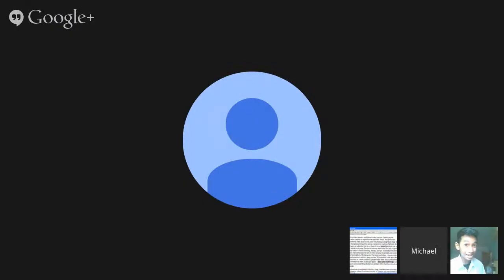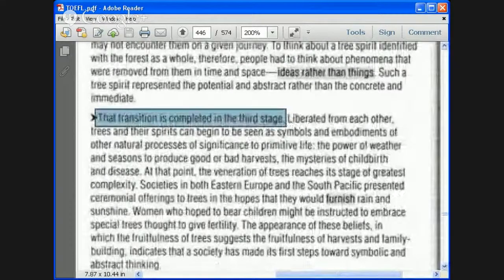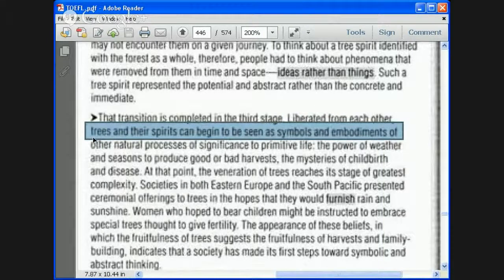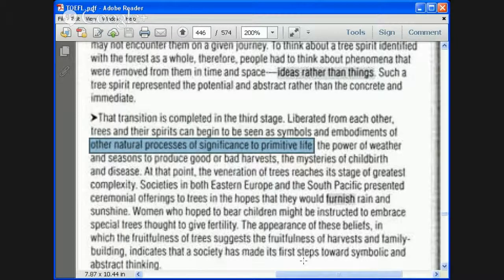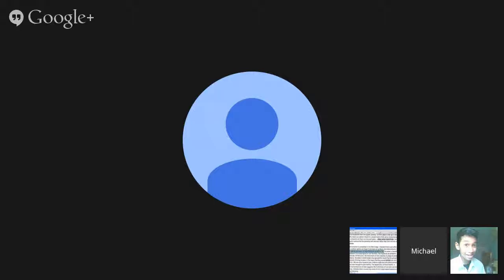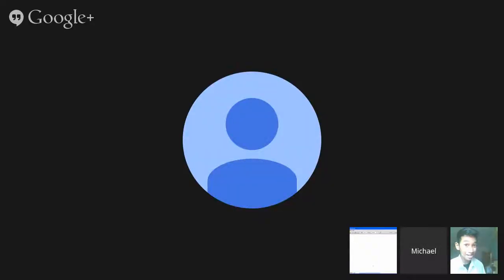Okay, here it is. The transition is completed in the third stage. Liberated from each other, trees and their spirits can begin to be seen as symbols and embodiments of other natural processes of significance to primitive life. There you go. So show me the answer choices.